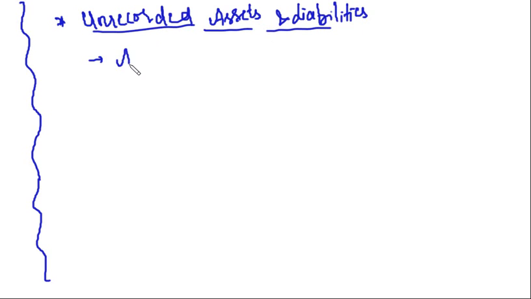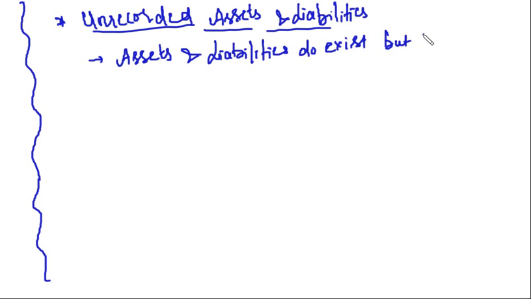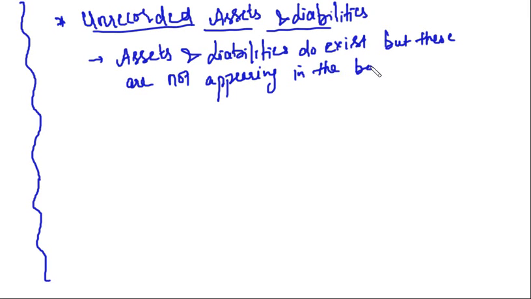This means assets and liabilities do exist, but they are not appearing in the books. That is, the assets and liabilities do exist, but these are not appearing in the books.